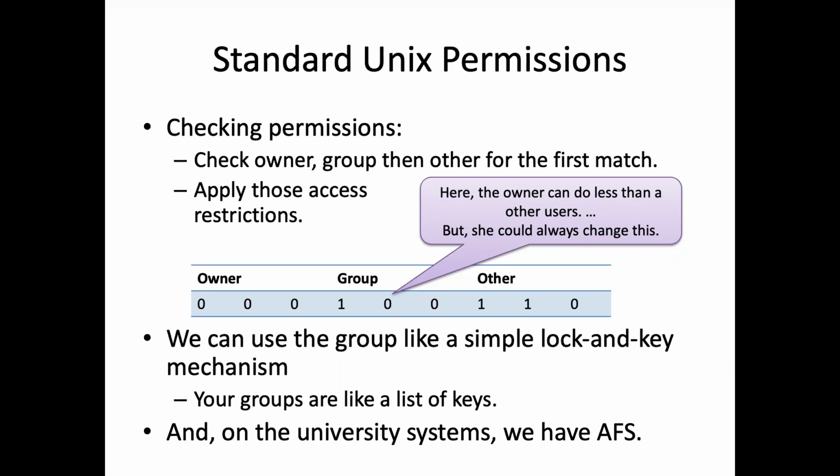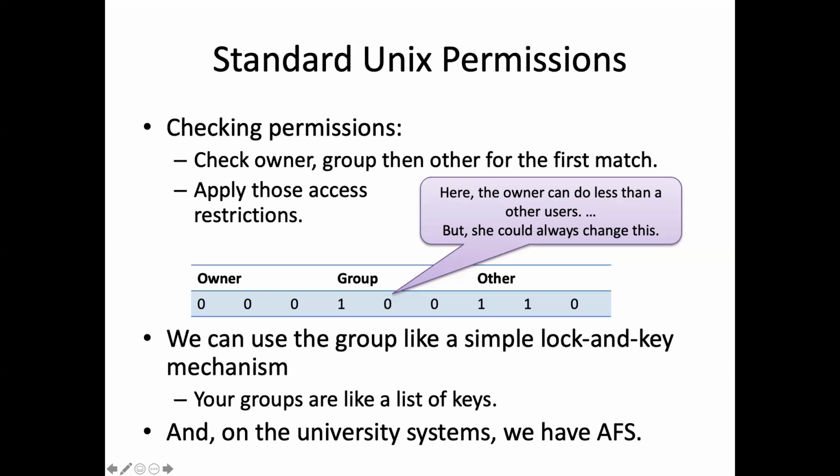For instance, if you try to read from a file, the group ownership might say that, well, normal users can't read from this file. They can't look at what's in this file. But if you're a member of a group that is permitted to read from that file, then the operating system will let you open that file for reading.